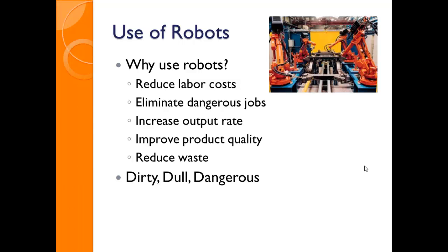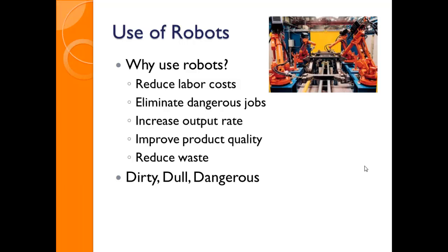Robots can eliminate dangerous jobs. They can work faster in some cases. They are more consistent if you have the right robot for the job. They can reduce waste in some cases. We typically say that robots do things that are dirty, dull, and dangerous, the 3 Ds. Dirty, think in environments people don't want to work in because the environment is dirty.